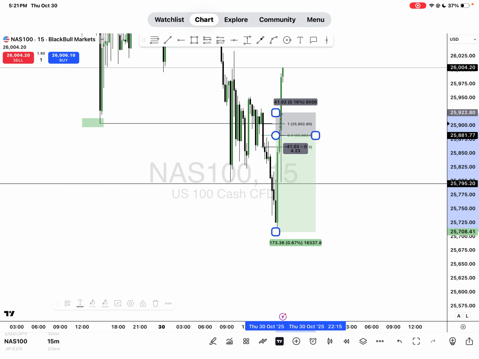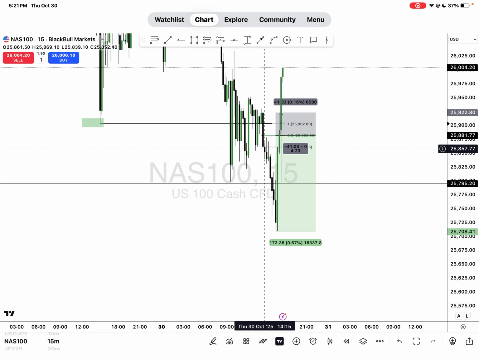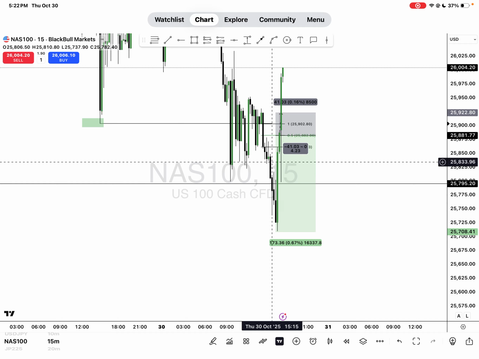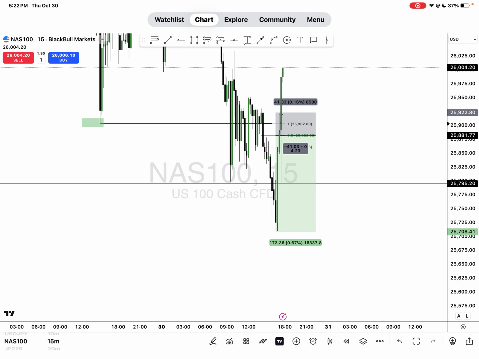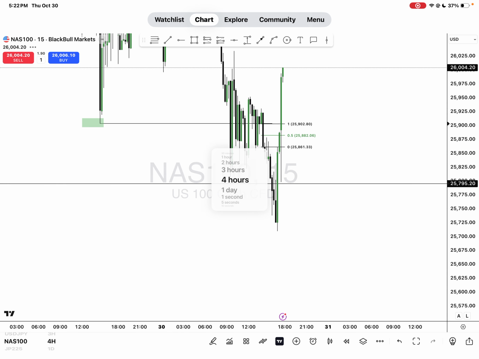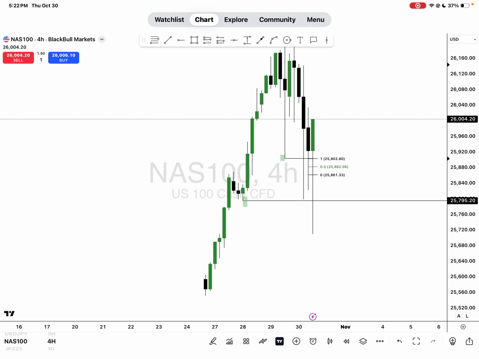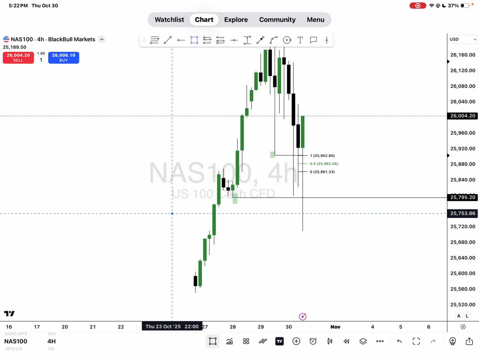And immediately I was like, oh, I probably shouldn't have taken that, because once I reanalyzed, I saw, oh, one, we had interrupted price action here. So if I was going to take anything, it should have been off of this. Two, if I scroll back out to the 4-hour time frame, what do we see in this area?